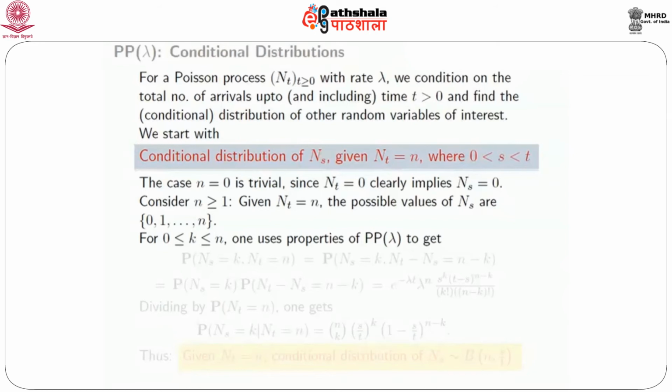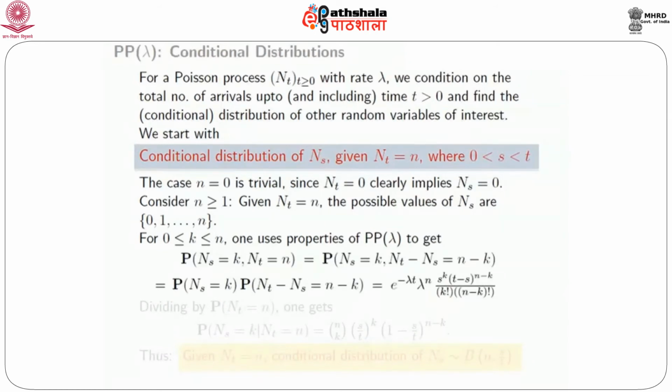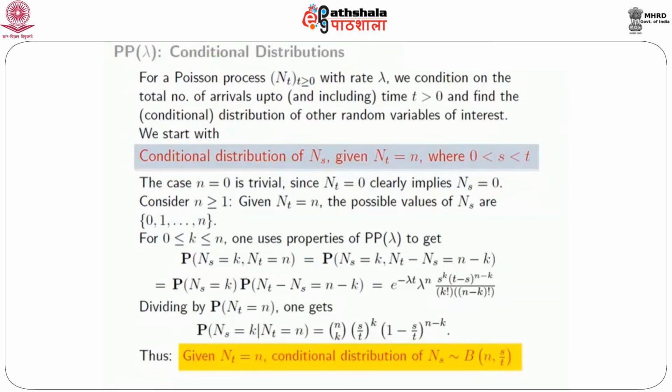So the conditional distribution is degenerate at 0. Now let's go to n greater than or equal to 1. Given N(t) equal to n, the possible values of N(s) are clearly 0, 1 through n. That is, if somebody tells you that there are exactly n arrivals up to time t, then it's possible that none of them happened before time s, or 1 or 2 or all n of them happened before time s.